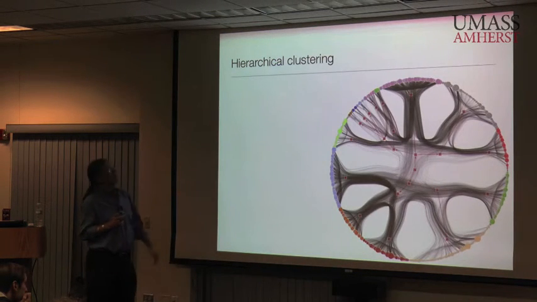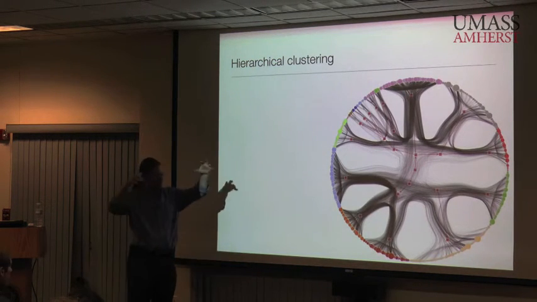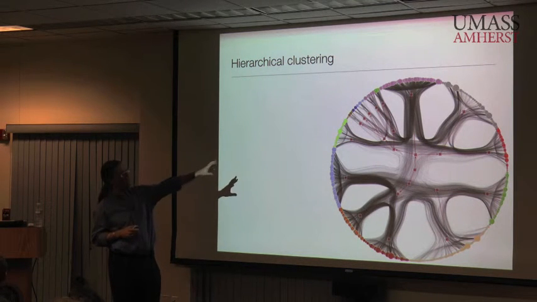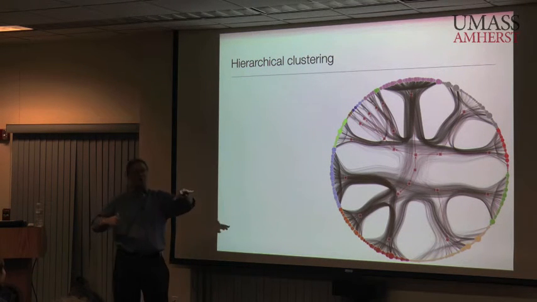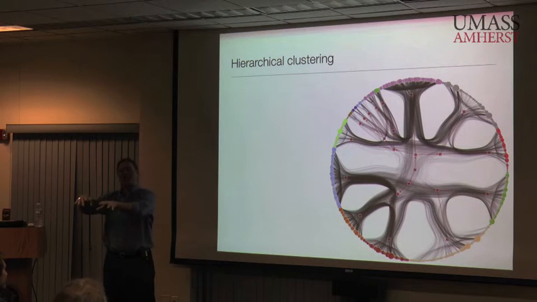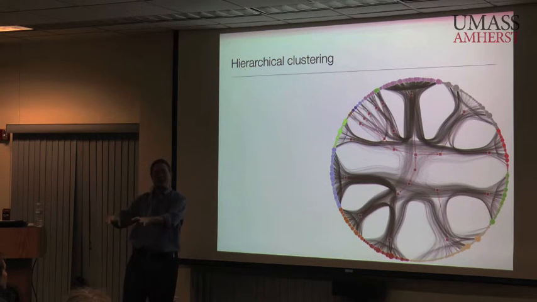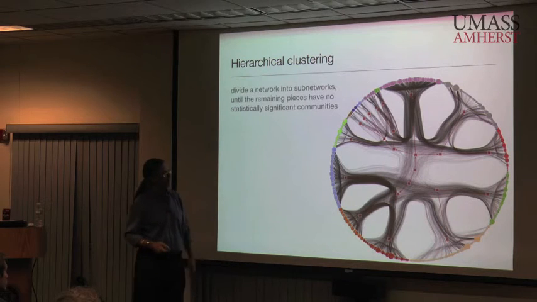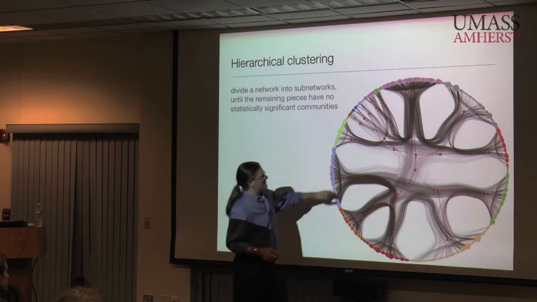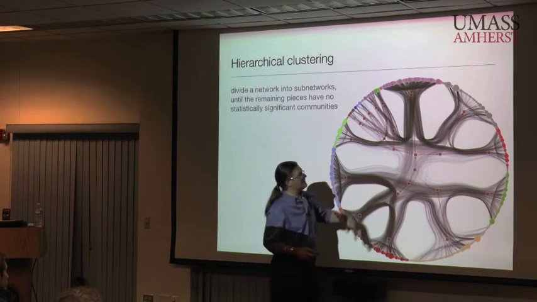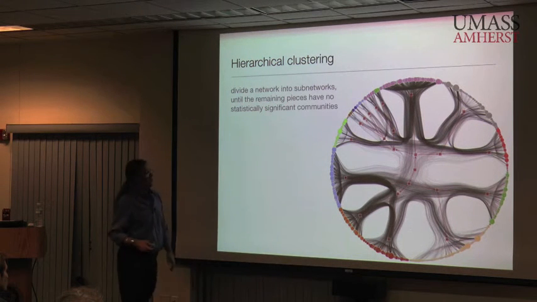Okay, oh, and then another thing you can do is keep subdividing. I can't skip this, it's too pretty. You can keep subdividing the communities into subcommunities until this method tells you that there's no statistically significant structure any farther down. And at that point, you can stop. This is the blog network again. Let's say these are the Democrats and those are the Republicans. And it looks as if there are lots of subcommunities here.